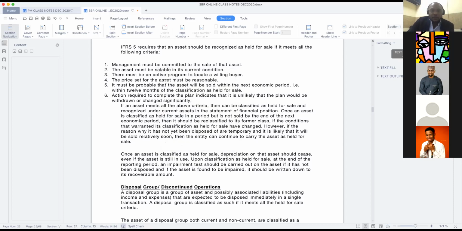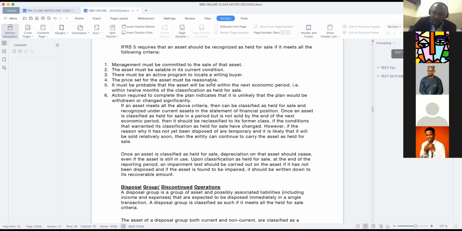The asset must be sellable in its current condition. There must be an active program to locate a willing buyer. The price set for the asset must be reasonable. It must be probable that the asset will be sold within the next economic period, i.e., within 12 months from the classification as held for sale.